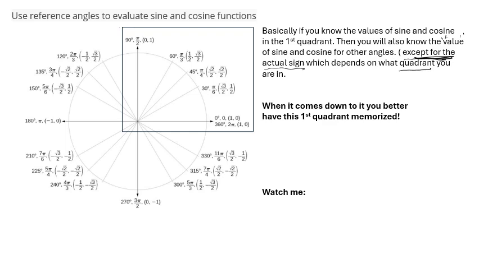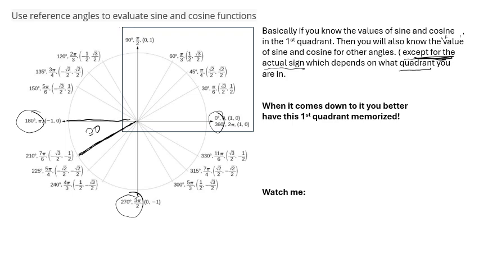So when it comes down to it, you better have this first quadrant memorized, and you also better have the quadrant angles memorized. Let me just show you. If I look at this angle here, 210 degrees, the reference angle is 30 degrees.